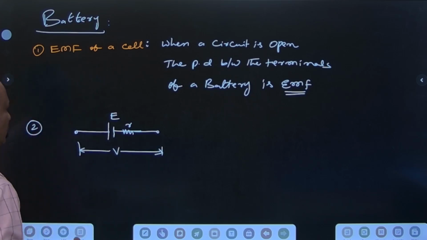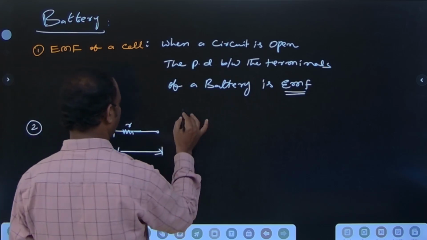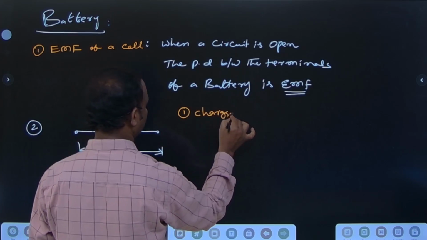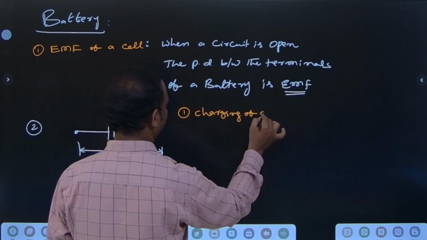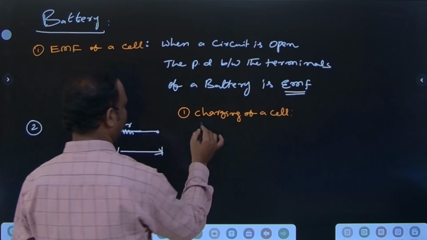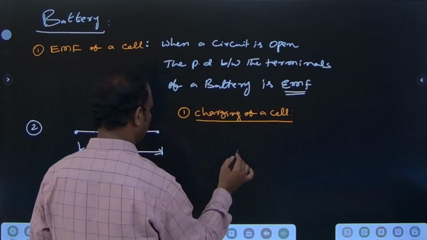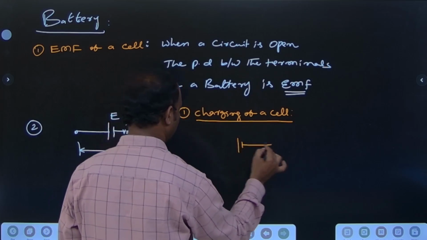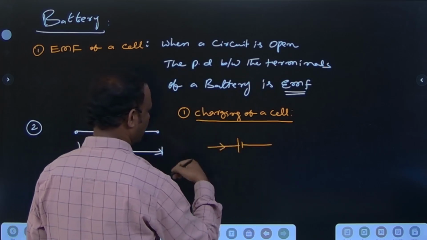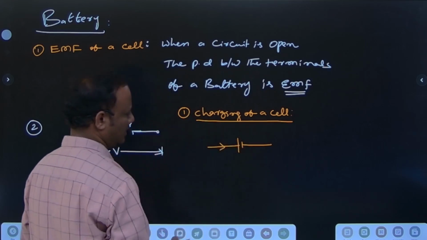Yes. So in the first case I'm talking about charging of a cell. For the charging of a cell, the cell is given, and the current is going into the cell.